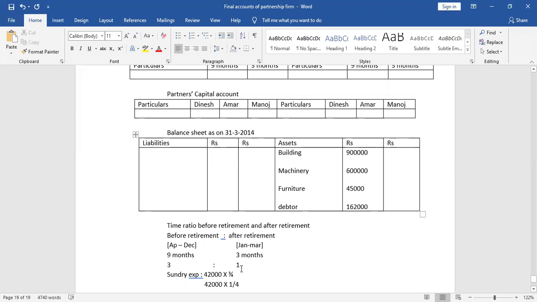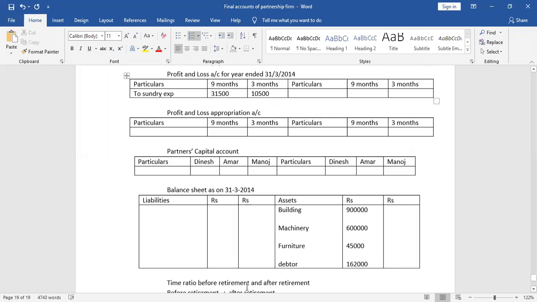See, after retirement and before retirement, so how much it will come? Give the answer. 31,500 and this will come 10,500. This way we have to do.